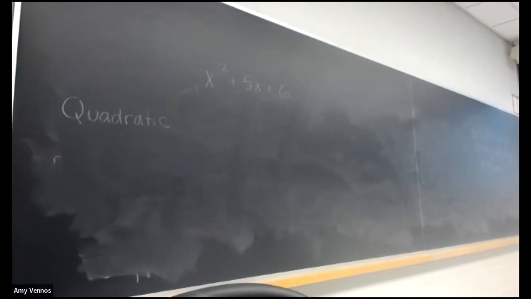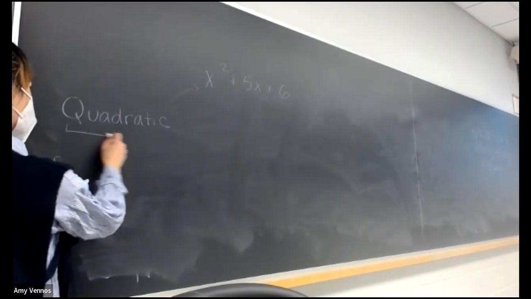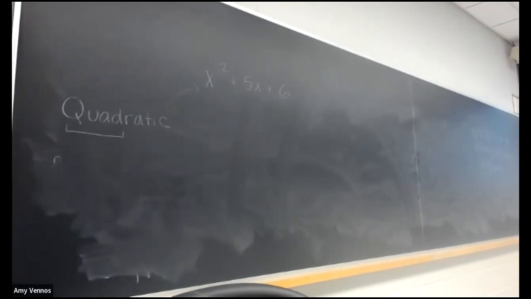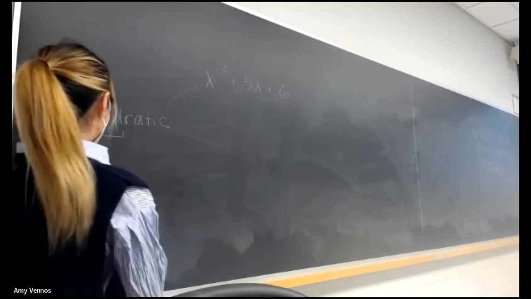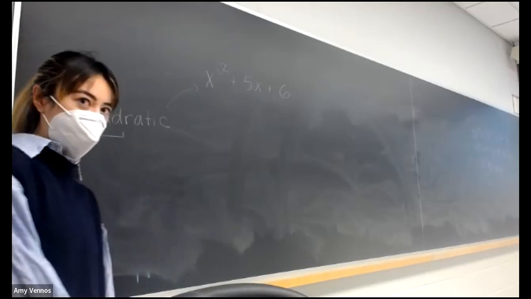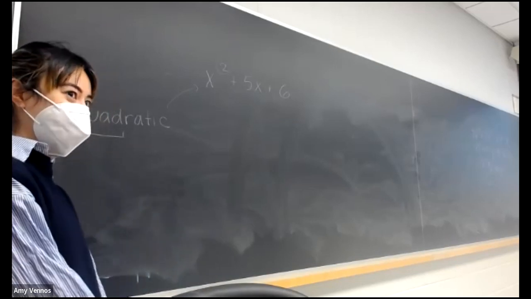Now, it's kind of weird when you look at the word, though. The prefix quad is on here, which typically means 4, right? So it's kind of strange why a polynomial with the highest degree 2 has to be quadratic. Does anyone know the reason why it's called quadratic?